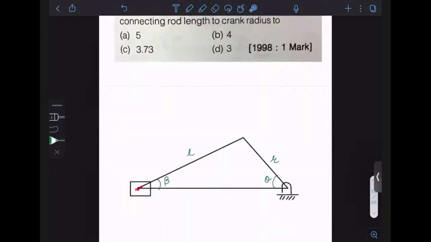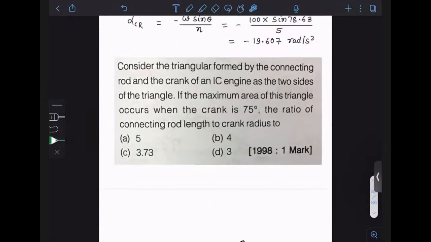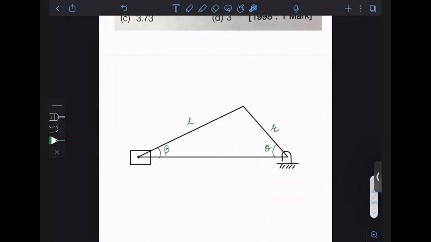This is the triangle formed, right? If the maximum area of the triangle occurs when the crank is at 75 degree, means when the theta is given to you 75 degree, this is going to be your 75 degree, right?